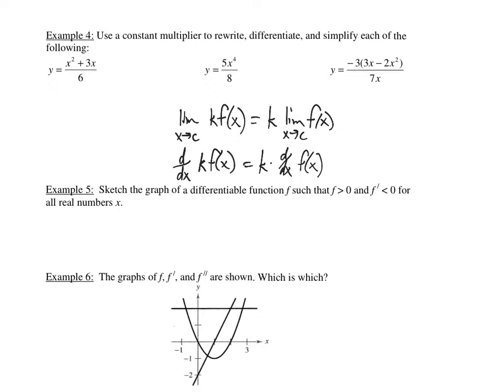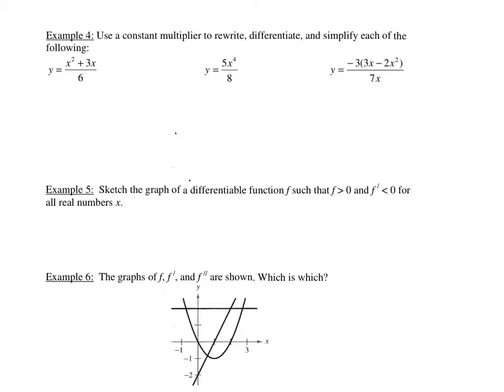So, in this example here, let me erase all that. In this example, we could rewrite this function as 1/6 times x squared plus 3x. Okay? So then, if I'm taking the derivative, I could simply do 1/6 times the derivative of x squared plus 3x.